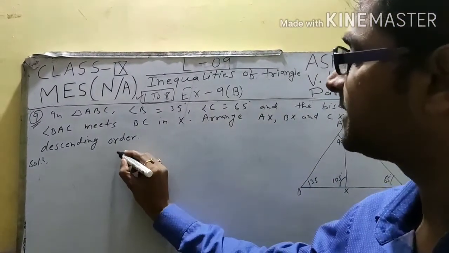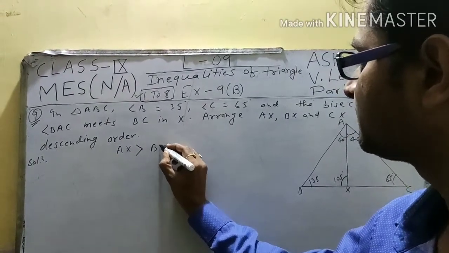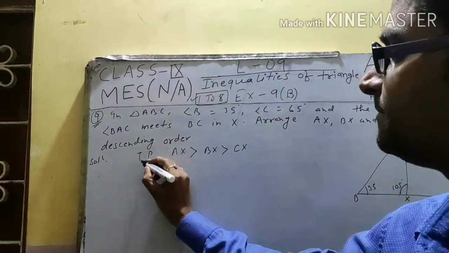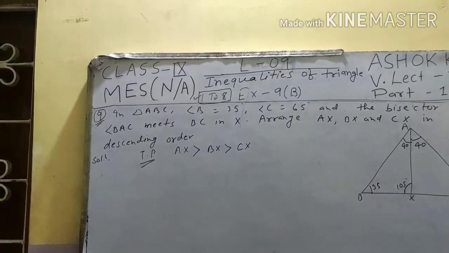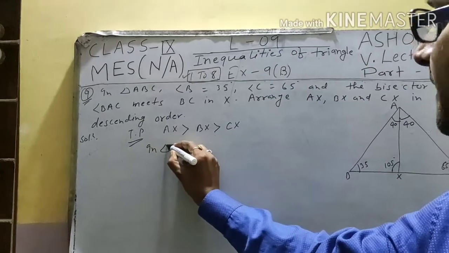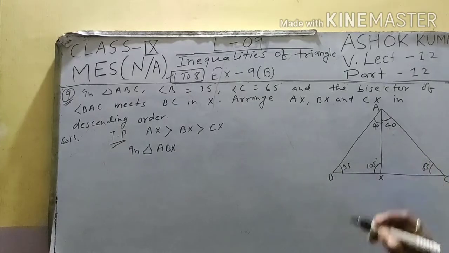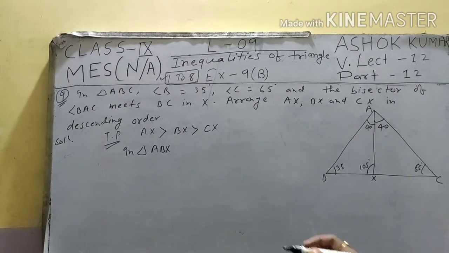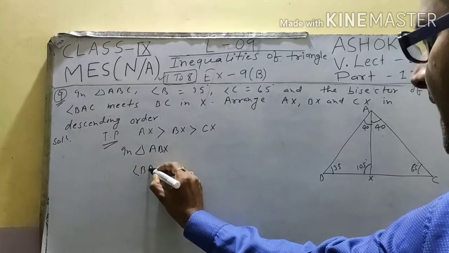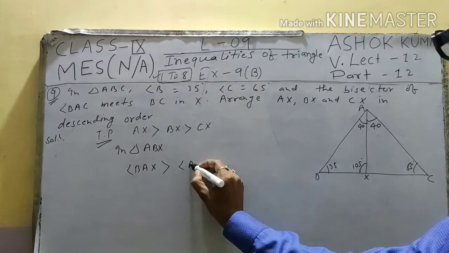That means you have to prove here that AX is greater than BX is greater than CX. Okay, in triangle ABX, angle BAX is greater than angle ABX.